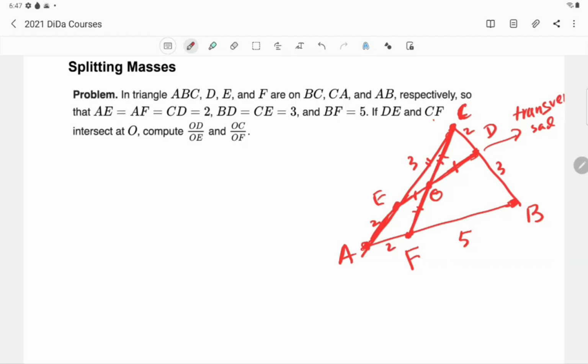To do that, I always like to start with the place that's more deterministic. So let me start with the vertex A. What mass is good to assign to A? What number? 15. Okay, let me follow your advice.